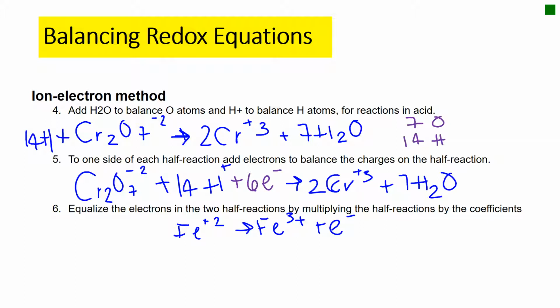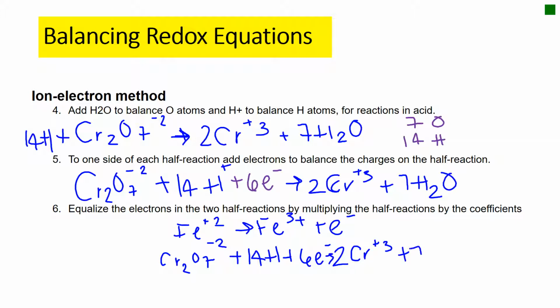And then we had Cr2O7. Now we're going to have to multiply our oxidation reaction times 6. So that's going to give us 6 Fe.